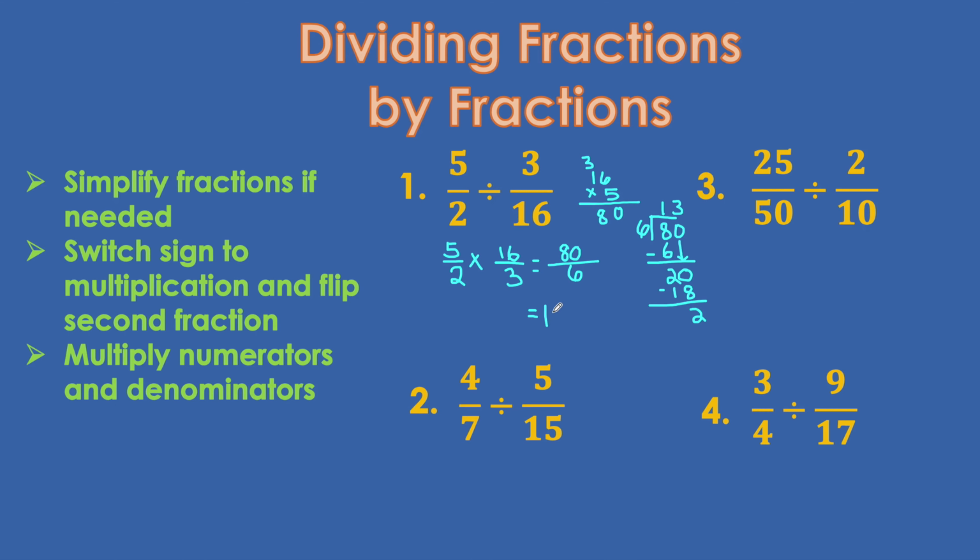Since a mixed number includes a whole number and a fraction, 13 is our whole number, then our fraction is going to be this remainder as the numerator. Denominator is going to stay the same. Now you see we're not finished at this step because we can divide top and bottom by 2, which is our greatest common factor between 2 and 6.